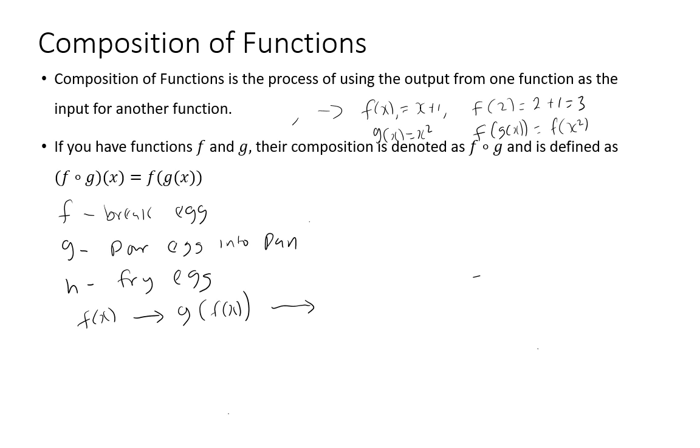And after this, I want to fry the egg, so I perform h of g of f of x: fry the poured broken egg. So f of x you break the egg, g you pour it, and h you fry it. This is just how we form a complex function in mathematics.